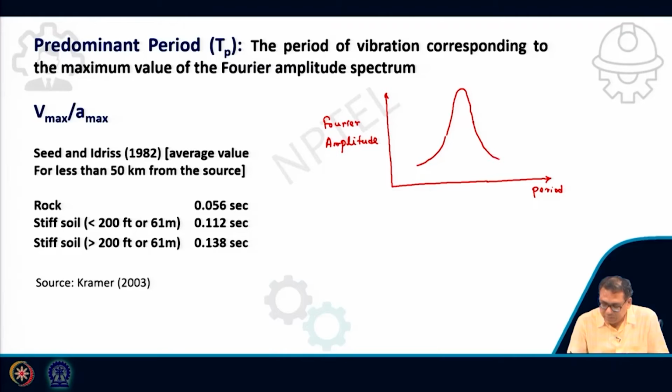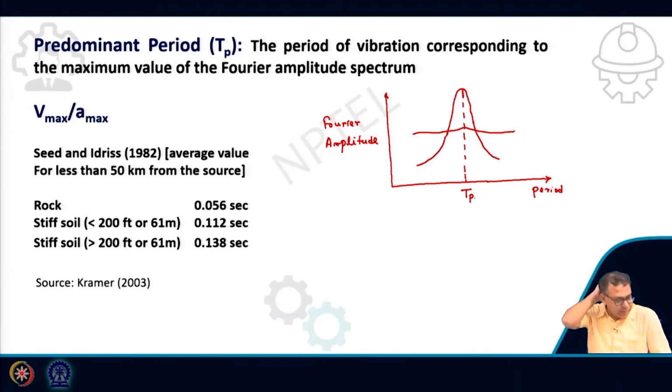So I can draw two different cases. Here the predominant period will be this one, where it is maximum. This is Tp. Similarly, in another case which is flat, Tp is also the same. So this indicates that predominant period provides only some information about the frequency content.